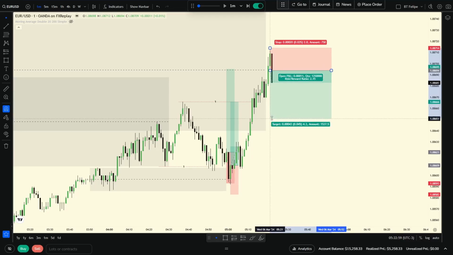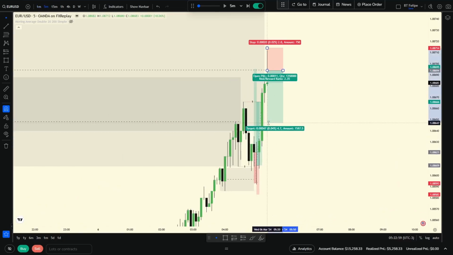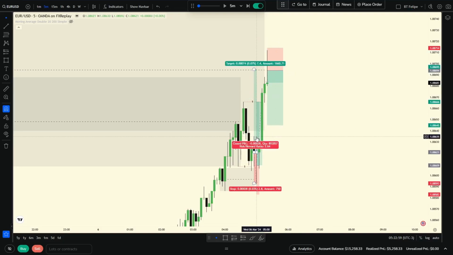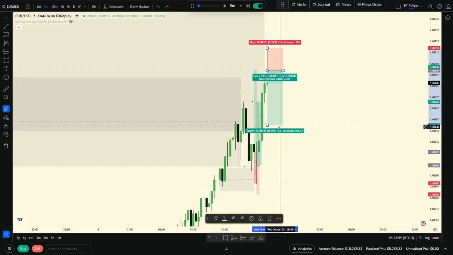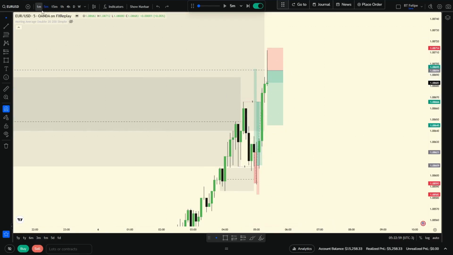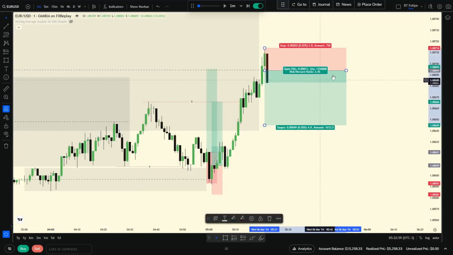Maybe I can do something like this. I'd like for the price to close this gap, but maybe it's not going to. Okay, let's try this one.